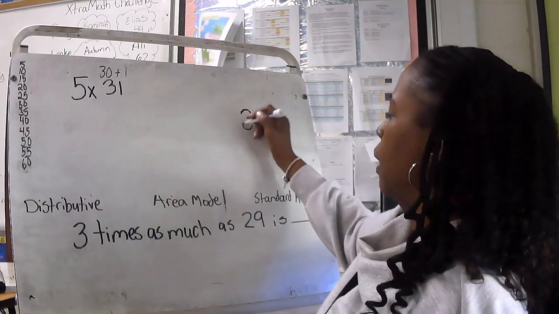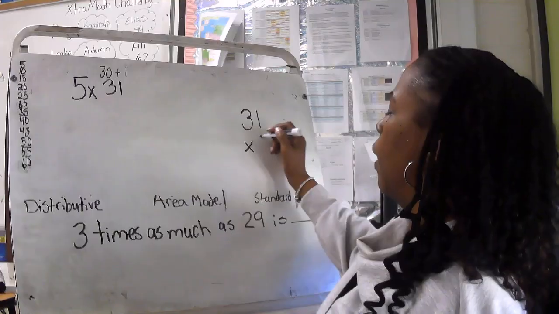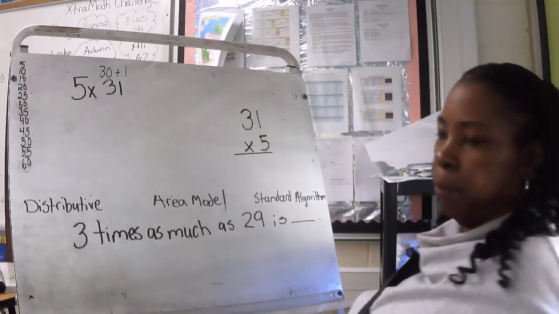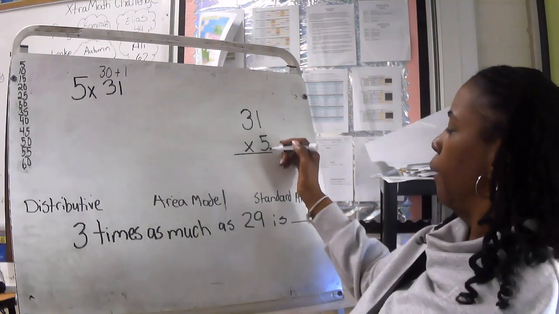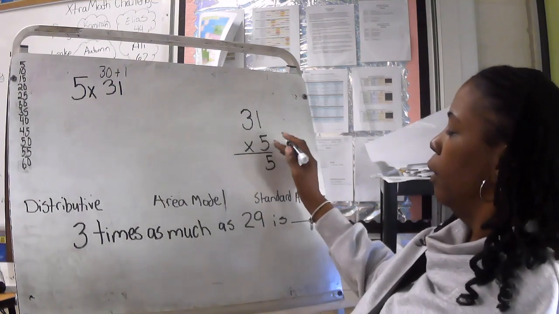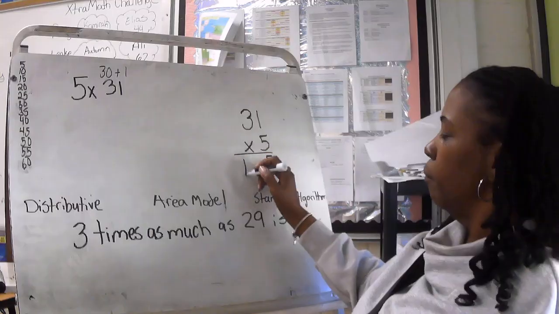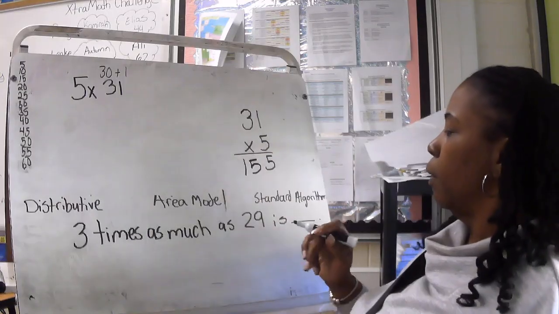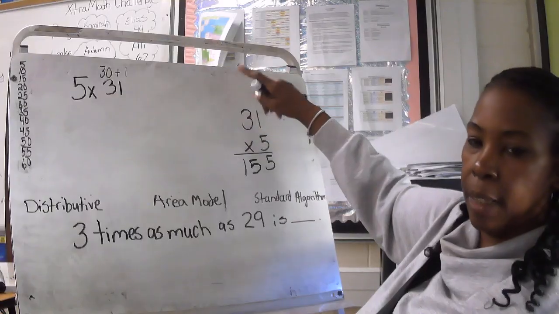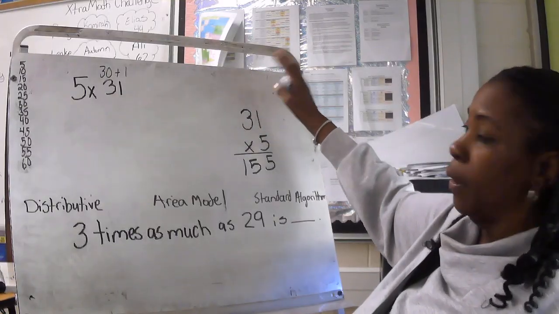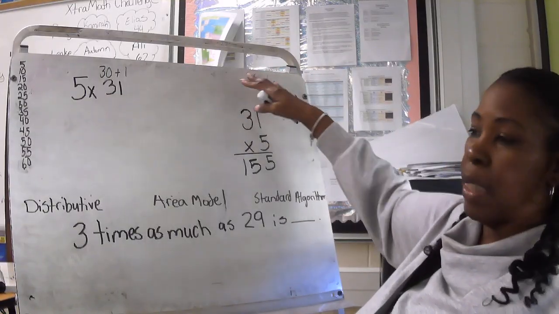Okay, so this is standard. 31 times 5. Larger number always on top. Okay? And we had 5 times 1 is 5. 5 times 3 is 15. And there we go. So in this case, it wasn't anything plus anything on the top. But in the problem that we did in class, I think it was like plus 4 at the top.